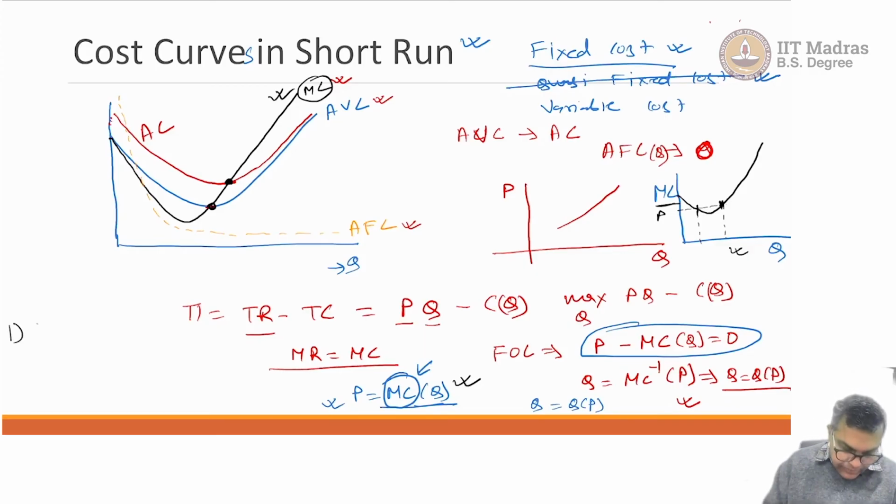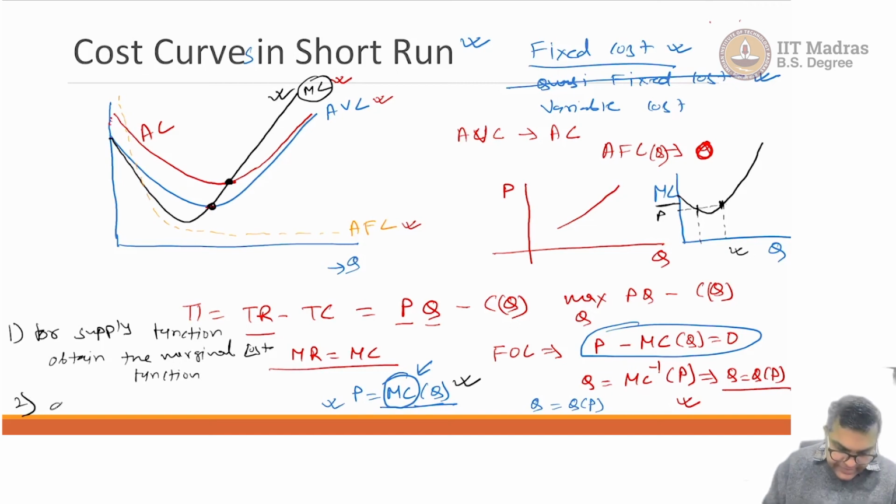So let me write here, for supply function, obtain the marginal cost function. That is the first step. The second step is to discard, so retain only the upward sloping part of the supply function.